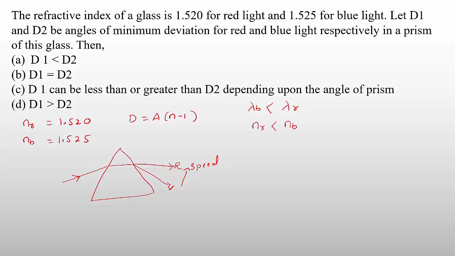Therefore we can write D1 is less than D2. So the angle of minimum deviation for red is less than that for blue. Red color is least deviated and blue color is most deviated. So D1 is less than D2, that is option A.